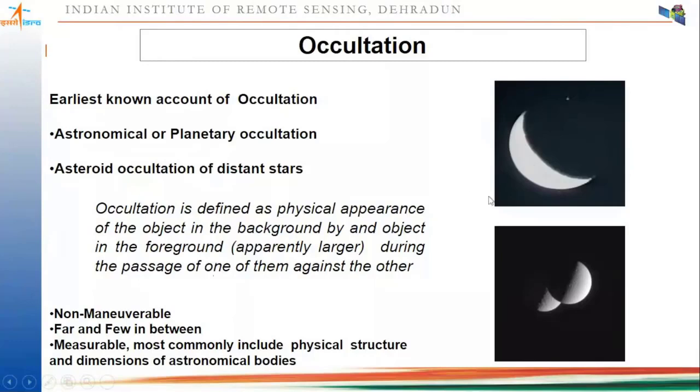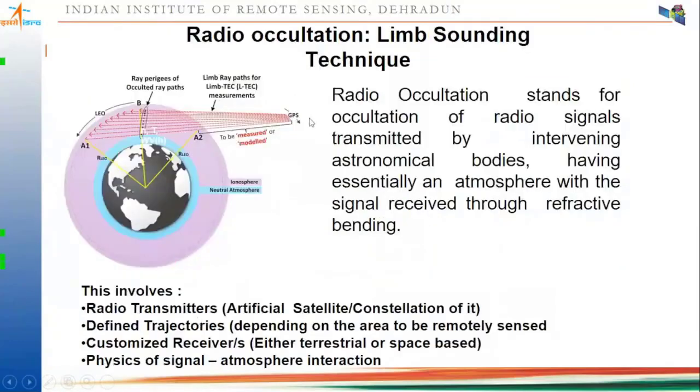This phenomenon we generally see in eclipses and with other bodies, like when the moon or any other planet comes in between the stars. So this we already know. When we put a receiver onto the satellite, if you see the right side, the GPS satellite, and put a receiver on a low Earth orbit satellite, it will start moving this way, and the GPS satellite is going this way.